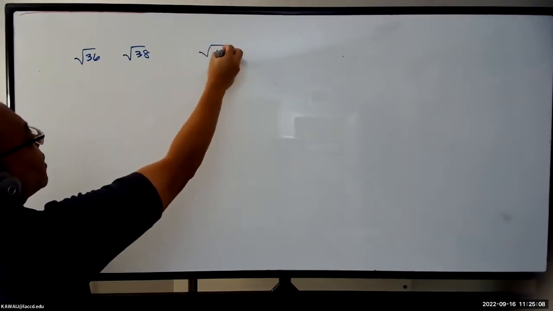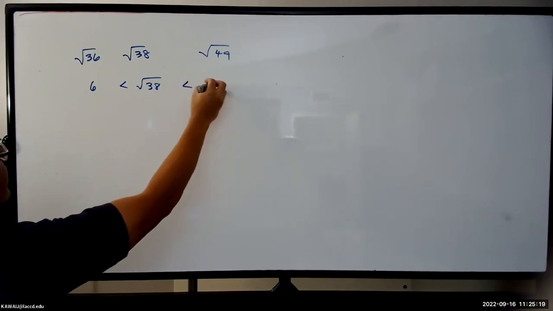What we want to use are square roots as sort of markers of where things are close to. So if I look at something like square root of 38, I don't know what square root of 38 is, right? But if I look at the perfect squares that are near 38, this is 36, and this is 49.